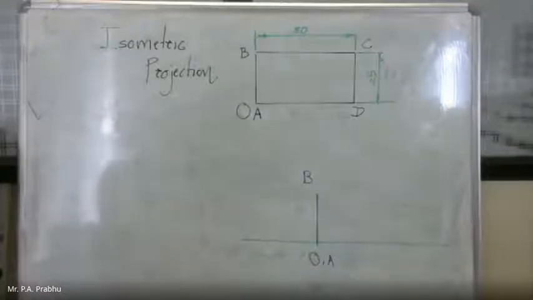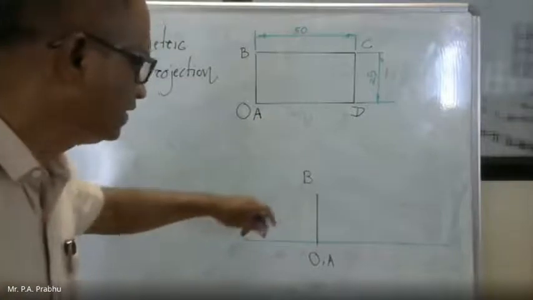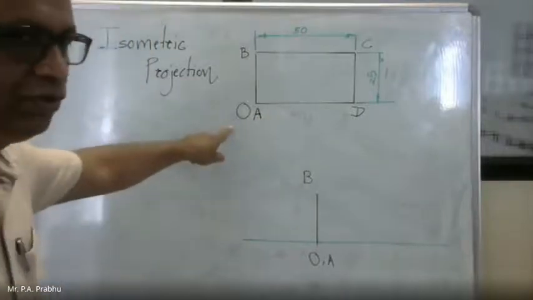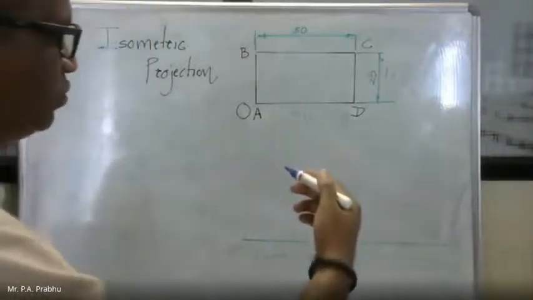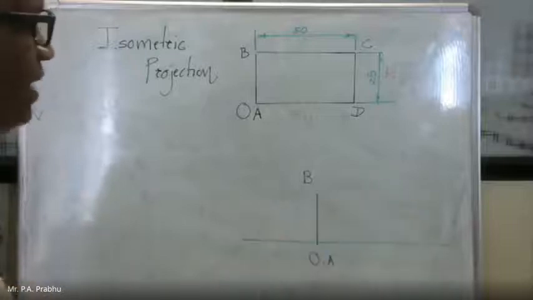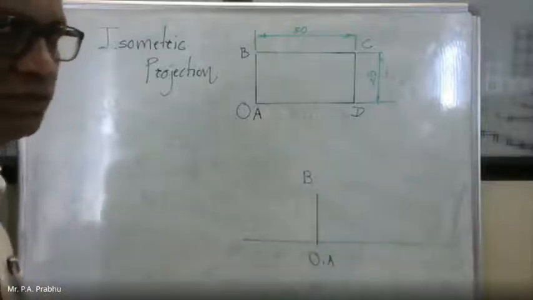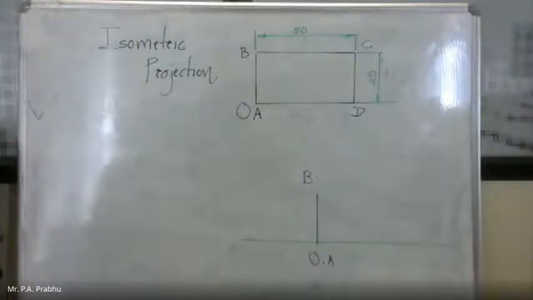Then this dimension is width. Suppose O is here, you are looking in this direction. So on which side do you have to mark this length or the width? On your right side. And on the dimension except height, this will be inclined at 30 degrees.